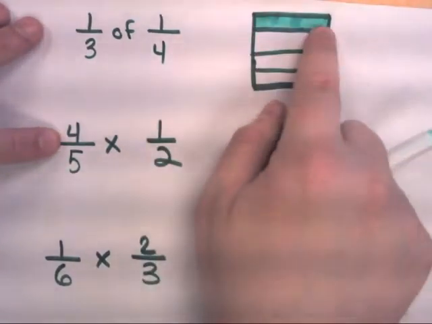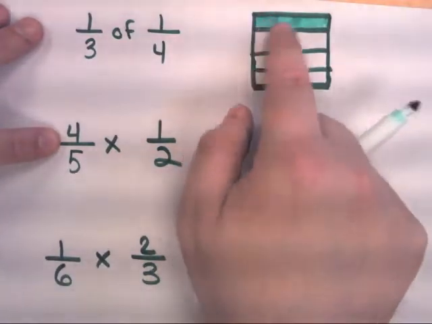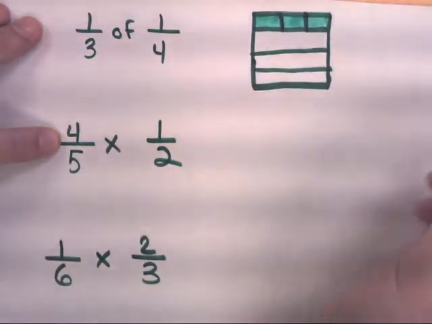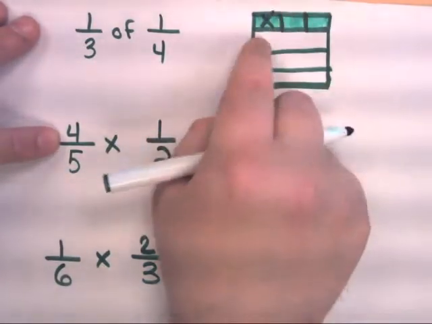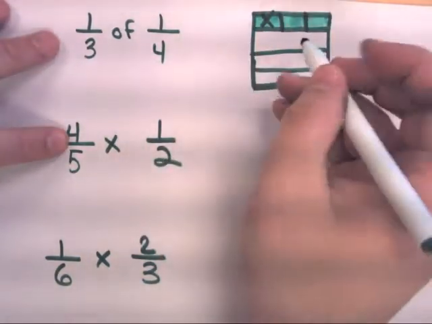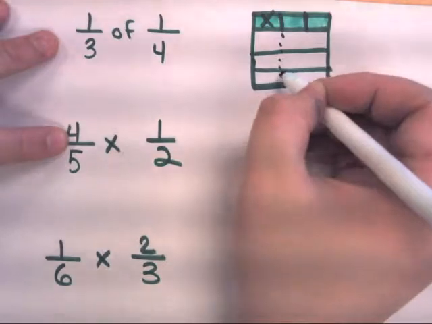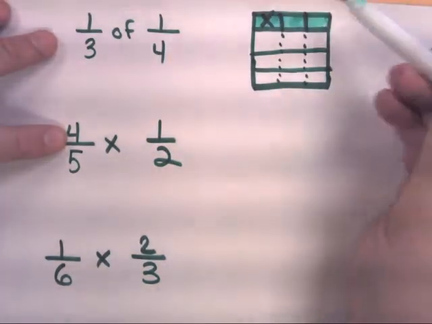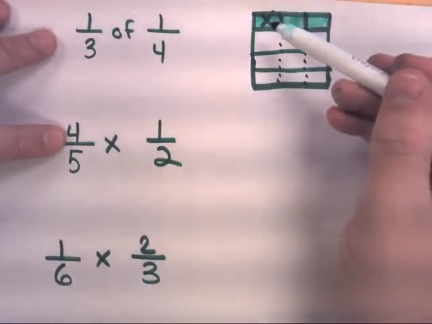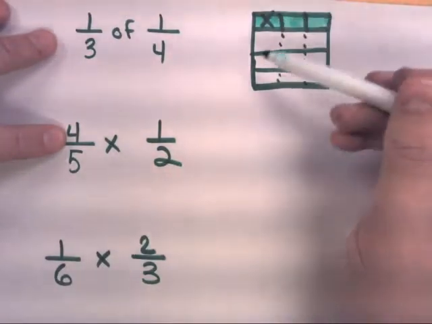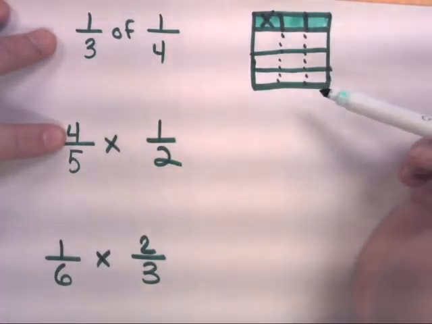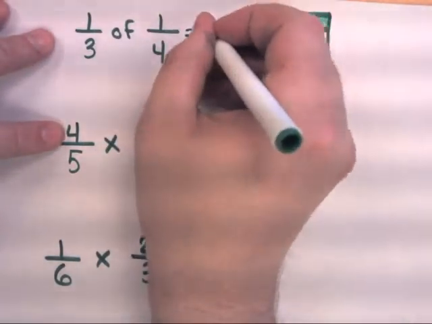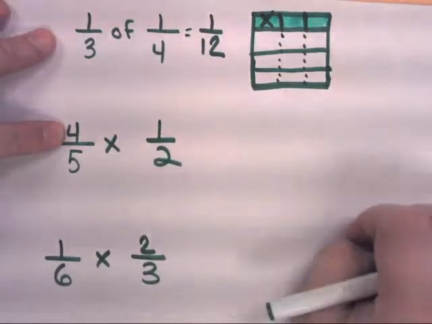I want to find 1/3 of this fourth, so I'm going to divide this fourth into 3 pieces. Next, I want to find what the size of one of those pieces would be. I can see by examining the model, it would take 12 of these equal sized pieces to make up an entire whole. So 1/3 of 1/4 would be 1/12.